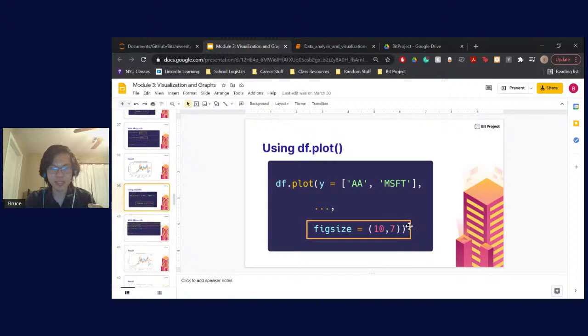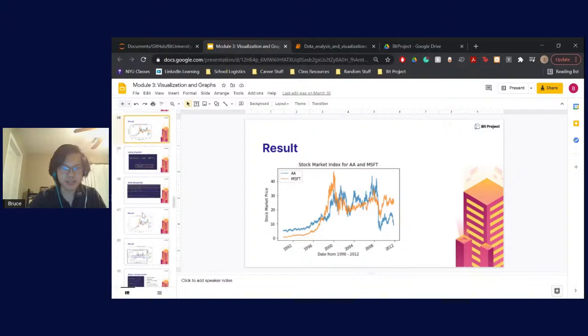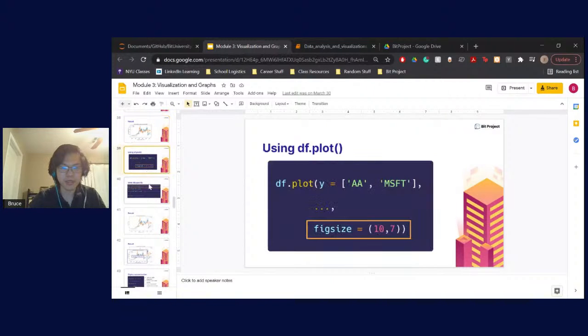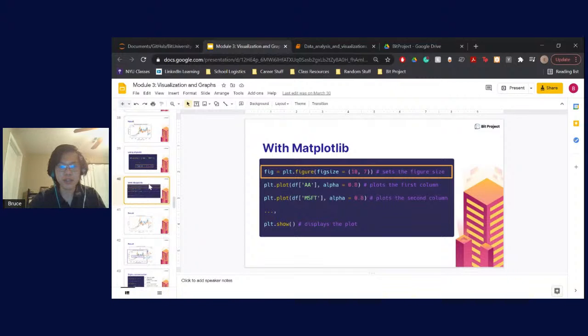So 10, 7 means that it's going to be 10 units left and right, and 7 units tall. Matplotlib automatically generates these for you based on assumptions about how big you want it, but this is nice if you want to set it yourself.